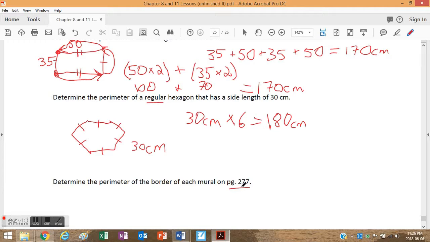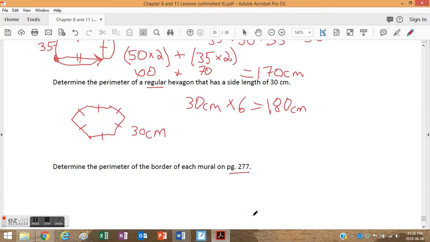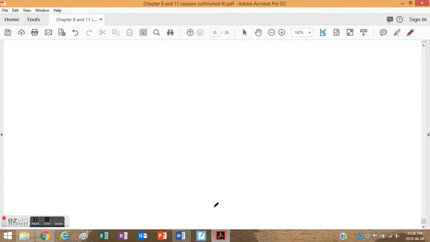Your job is to figure out the perimeter, or the length of the border, for each mural. And that's the work that you're going to do for this one. My recommendation, I didn't give you lines here: draw a sketch of each one. Again, it does not have to be life size. You don't have to measure it out. You don't have to draw the specific little details inside.